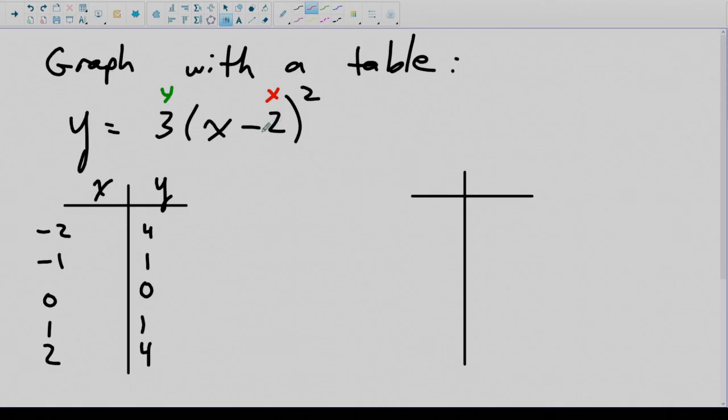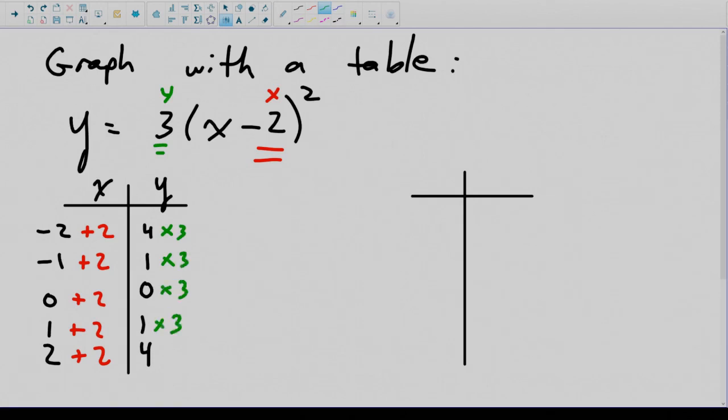It's a -2, which means I'm going to add 2 to each one of these points. Okay, that's from this one. Our y value transformation is a times 3. And we've already talked about this in a previous lesson, so we're going to do the exact same thing as what we did before. We're going to multiply all of these by 3. Okay, so that's our y transformation. That's what happens to all of those numbers.